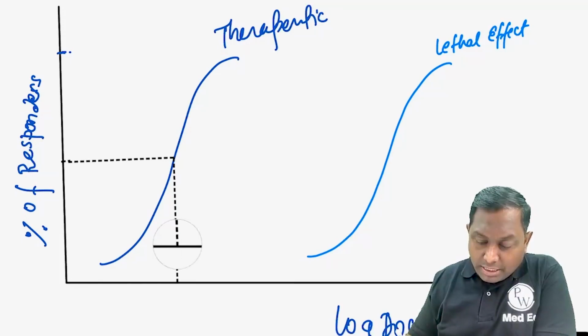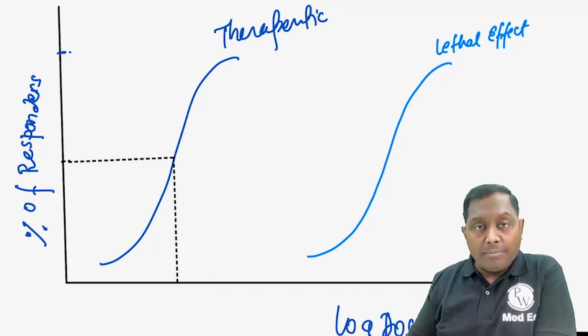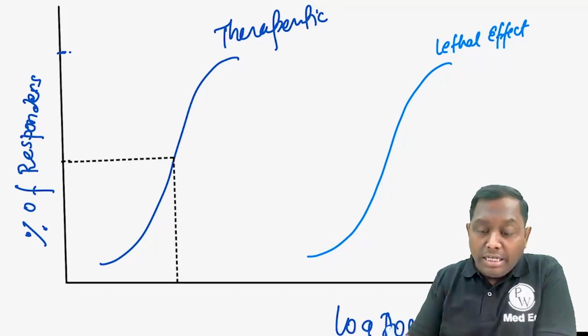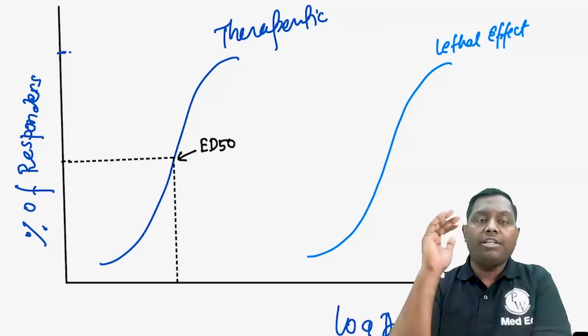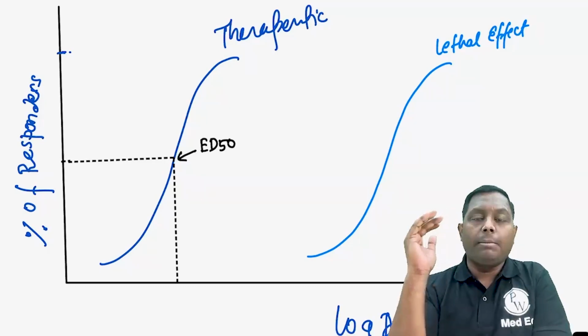A dose that can create therapeutic effect in 50% of responders is known as ED50. Effective dose in 50%, not 49, not 51. 50% of the experimental population are showing therapeutic effect.